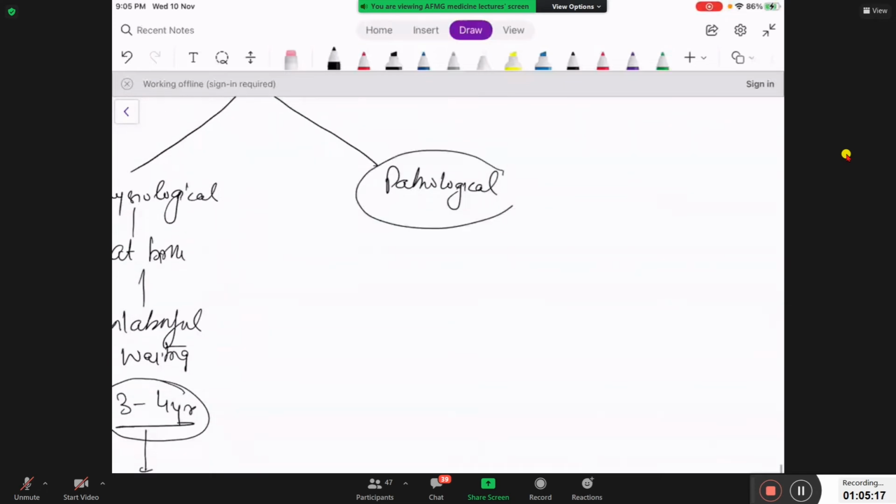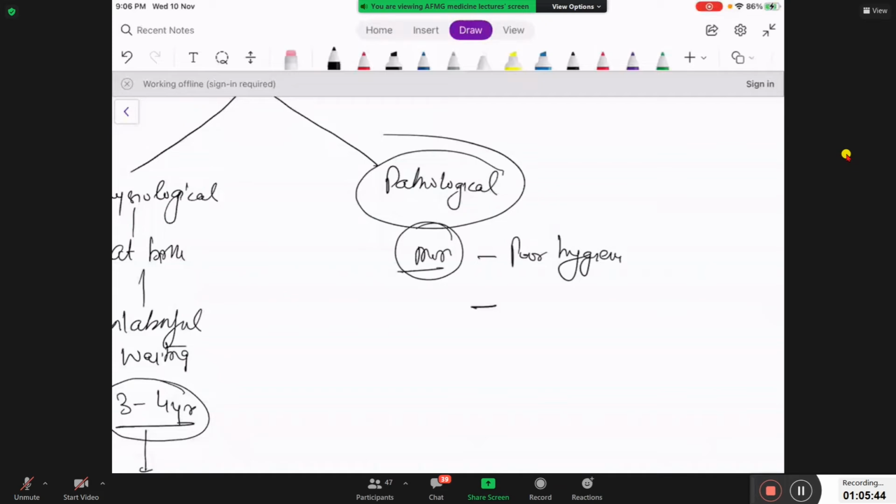Now pathological phimosis. Sorry, the most important predisposing factor for pathological phimosis is poor hygiene.